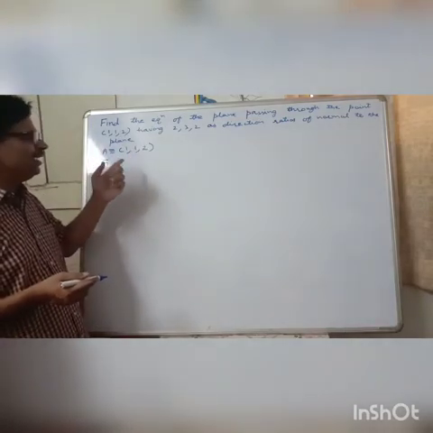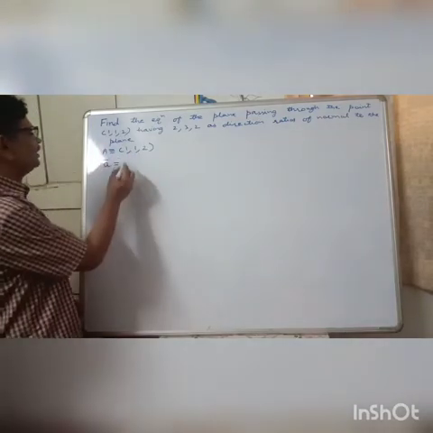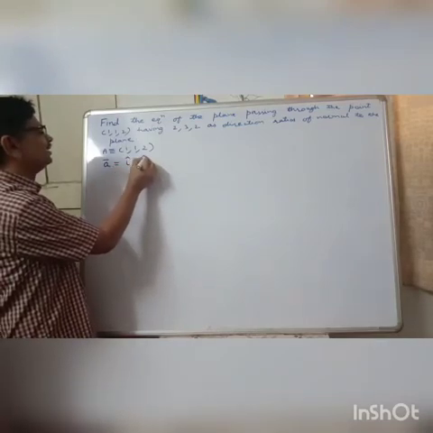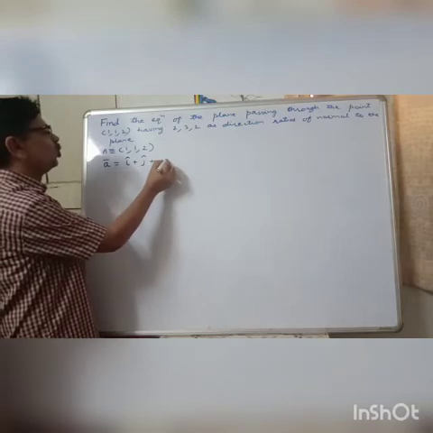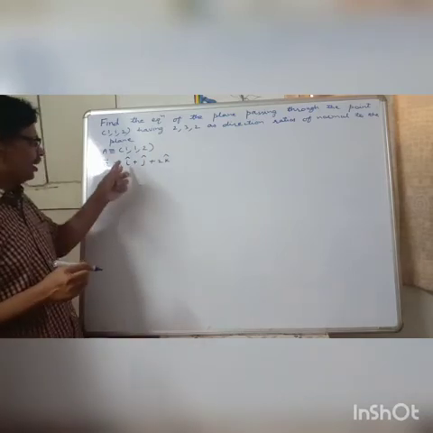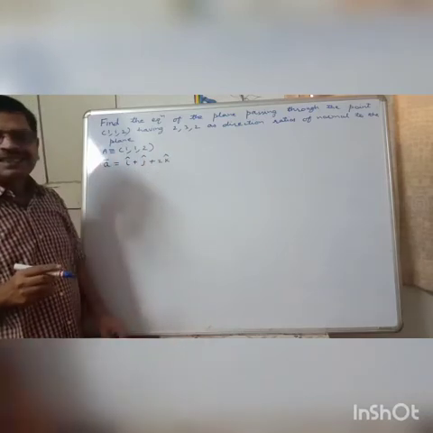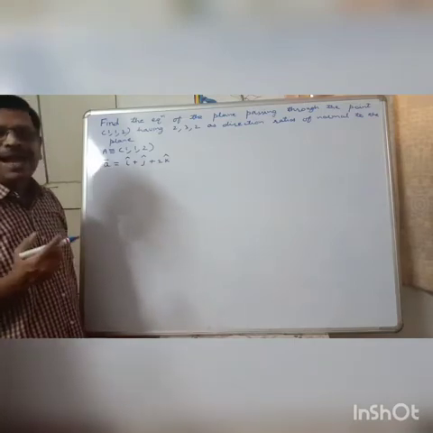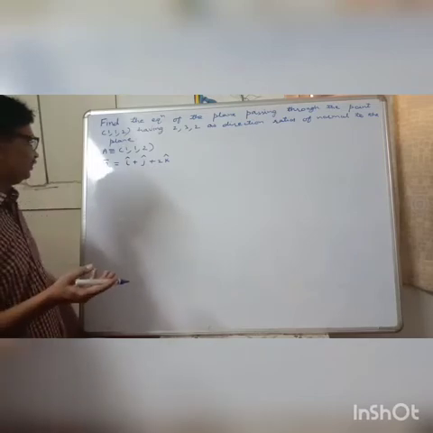When coefficient is 1, it is not necessary to write. So i cap plus j cap plus 2k cap. i, j, k, these are the unit vectors because each of them has magnitude 1.